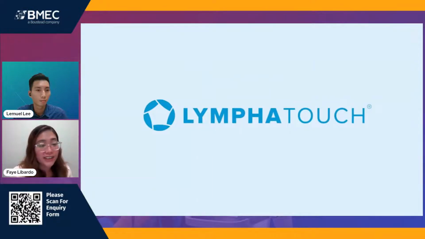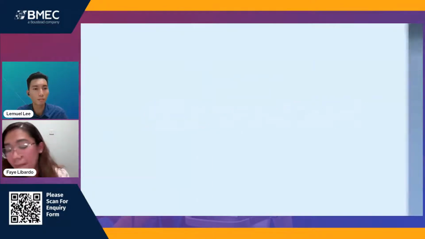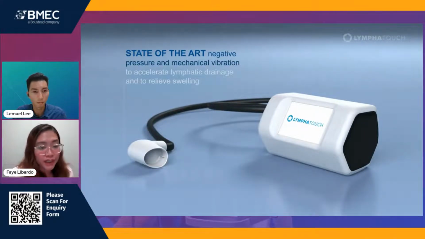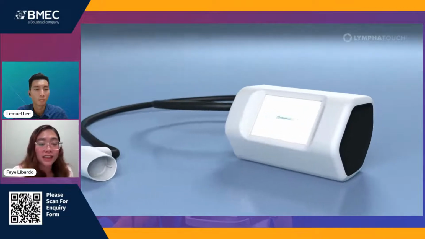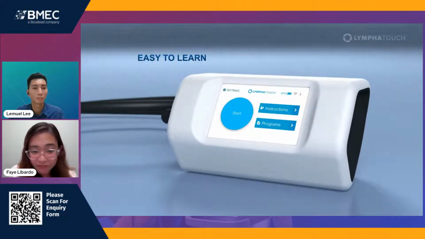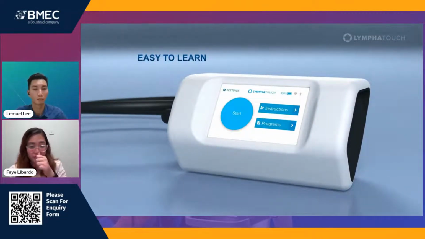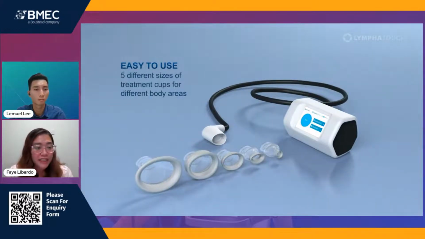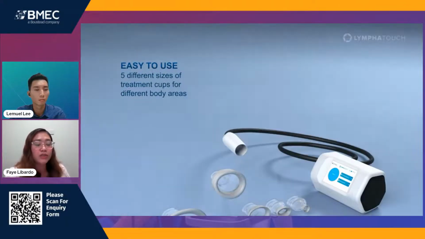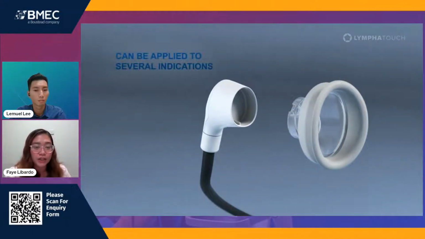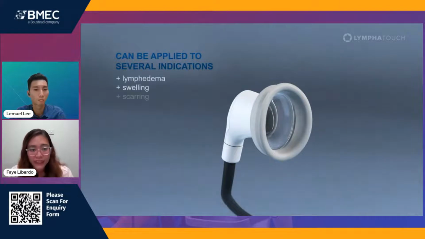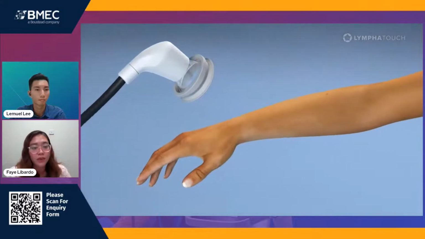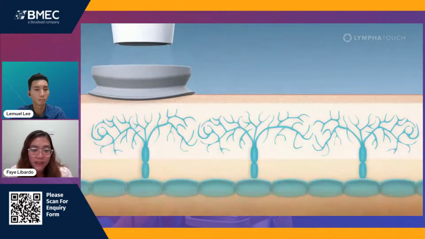So, your product is called LymphaTouch. It's a product from Finland, a state-of-the-art negative pressure and mechanical vibration equipment. Those are the two main things that it utilizes. They use cups to achieve the negative pressure to an area, and it can be applied to several indications or conditions such as lymphedema, swelling, and tightness of the body.